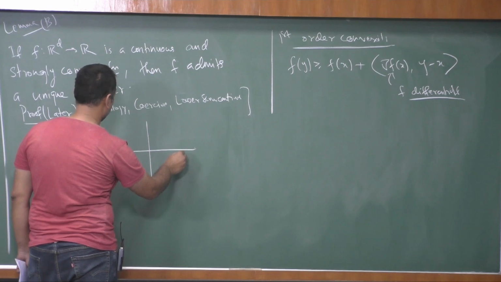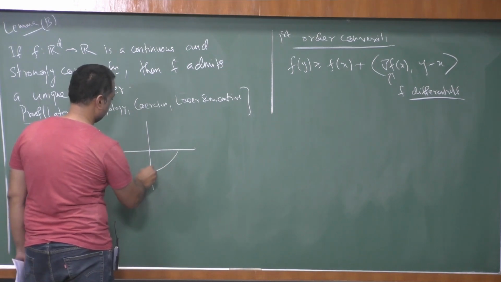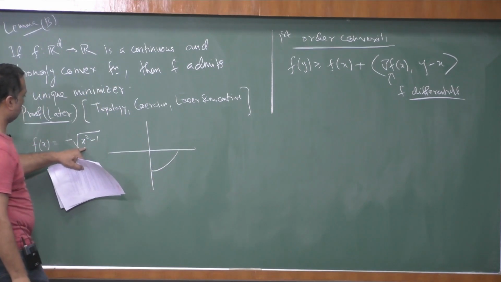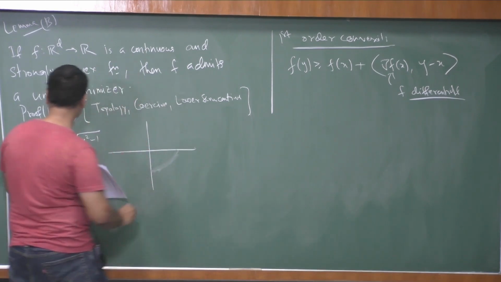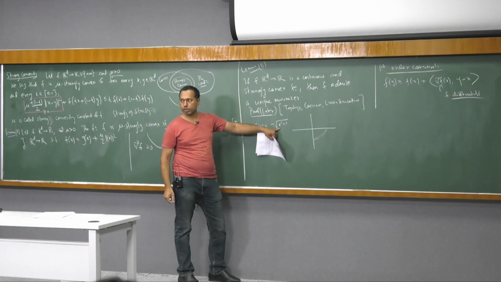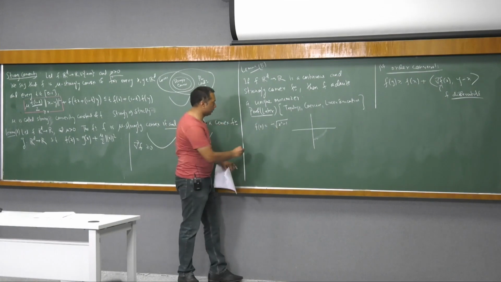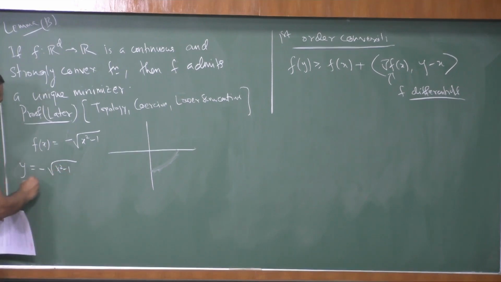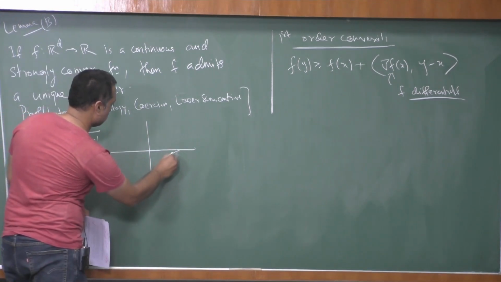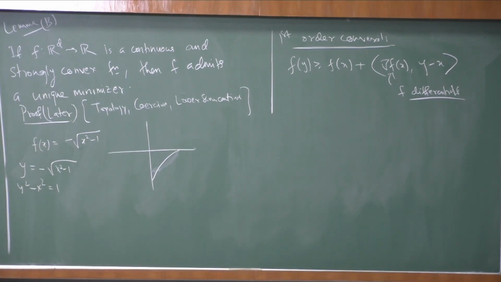And this will be like this, right? No, the other way around. This seems to be from the circle, right? One of the quadrants. It's y square minus x square equals to this, so this is like y square minus x square is 1, right? Like this, right? Okay, is this what you mean?